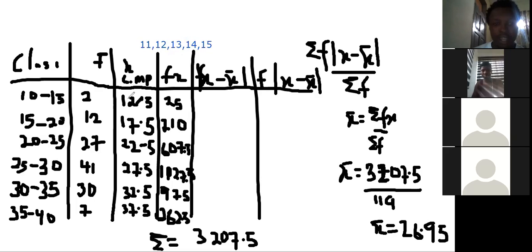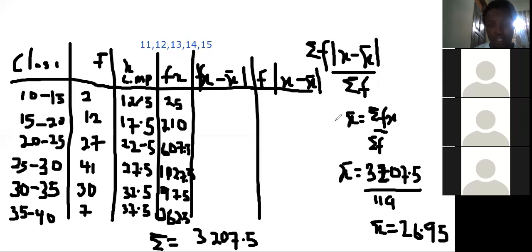So x is 12.5, so 12.5 minus 26.95. What are you getting, please? Negative 14.45. It is in absolute, so it's 14.45, to two decimal places.